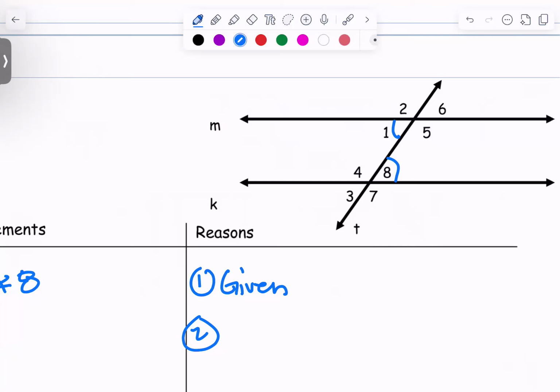So angle 5 and angle 1 are linear pairs, and 4 and 8 are linear pairs? Well, yeah, but if angle 8 and angle 1 are congruent, then that means the other side of the linear pair is congruent. Yes, that's why. But that's not going to help me here. What is going to help me? What do I know? If angle 1 and angle 8 are equal to each other, Milo?